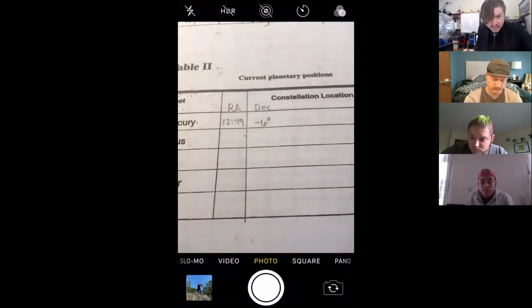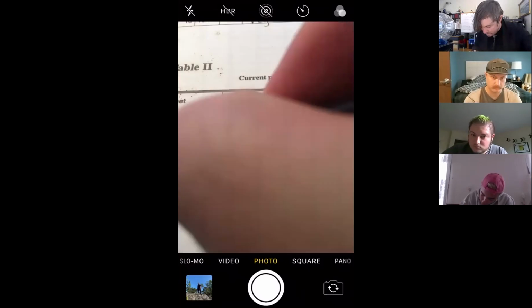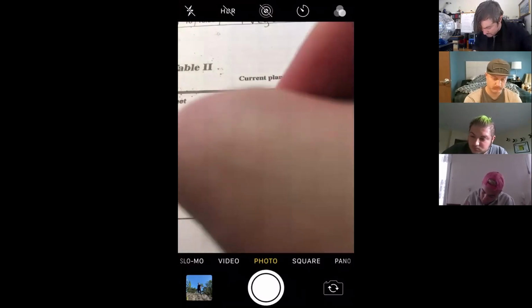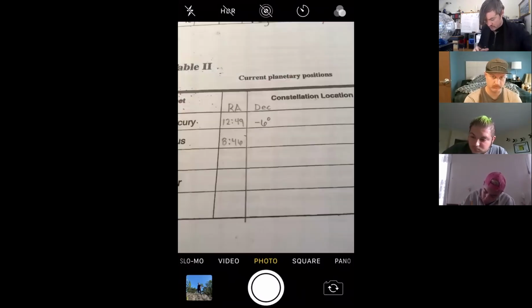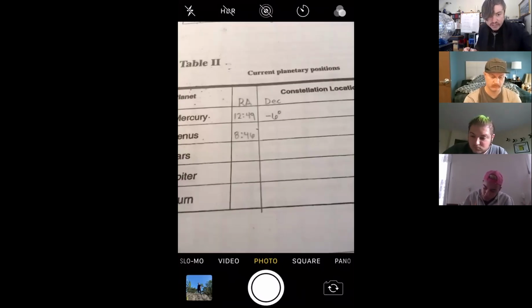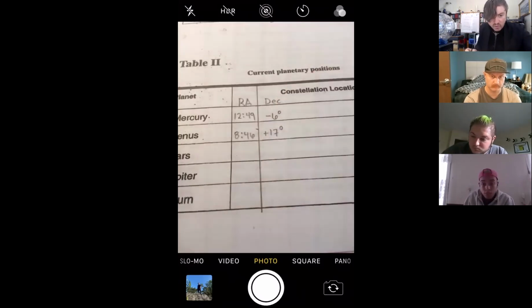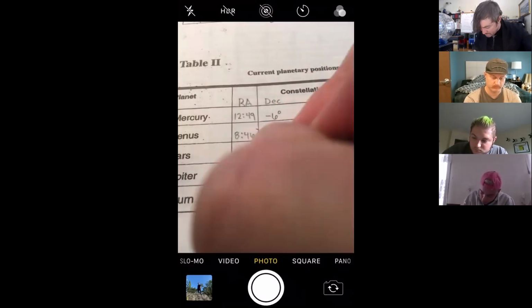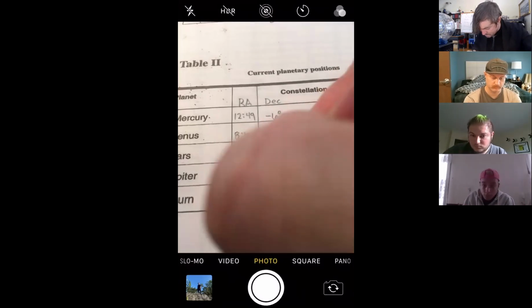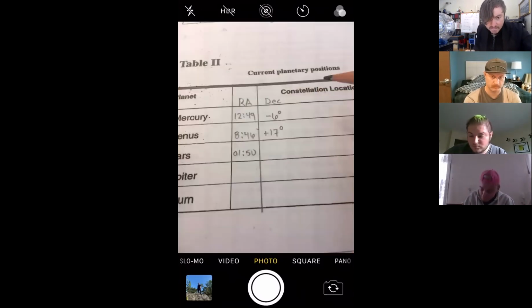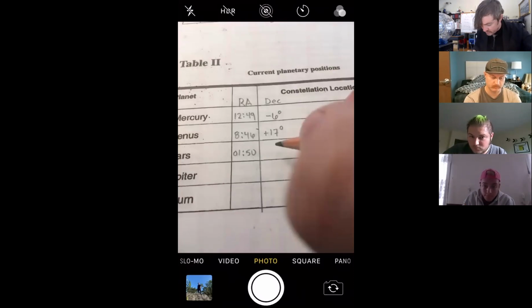Venus is 845, or 846, I guess. The declination of Venus is +17 degrees. Mars is 150 and +7 degrees.